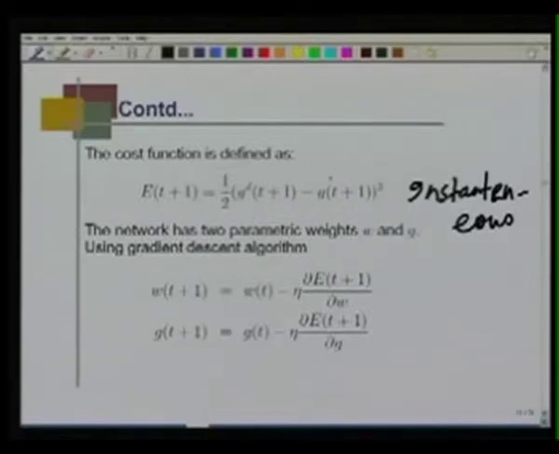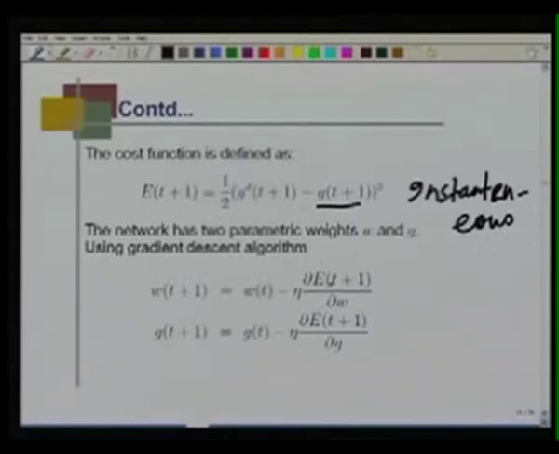This is the desired output and this is the actual output of the network. In this network we have only two weights, w and g. So, using the gradient descent algorithm, how do we write the weight update? wt plus 1 equals wt minus eta del E t plus 1 upon del w.